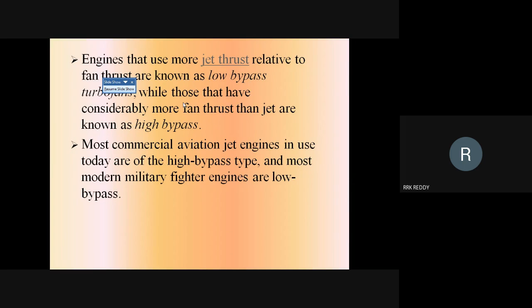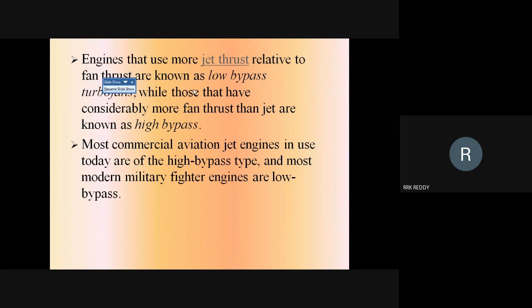So what is the difference between these two? A high bypass engine produces low noise, whereas a low bypass engine produces more noise. So that's why low bypass engines are used for military applications, whereas high bypass turbofans are used for commercial aviation purposes.